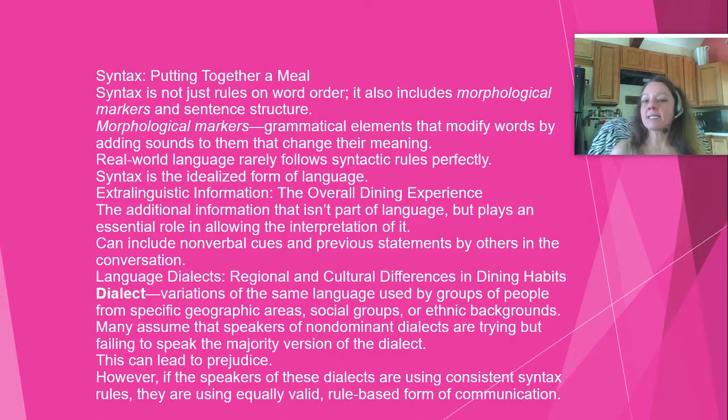Syntax is based on what we call morphological markers, and that's kind of like those morphemes. It's those elements that modify those words and add sounds to them that change their meaning. So, the dog ran, the dog is running, the dog will run. Those are the morphological markers we're talking about there, and then what I told you with the sentence structure.